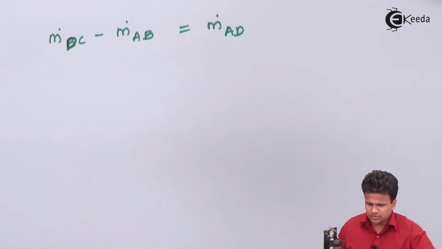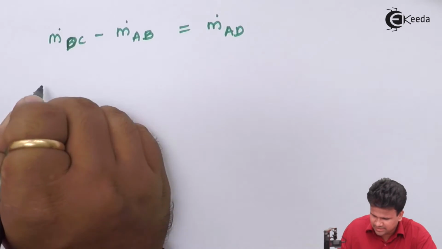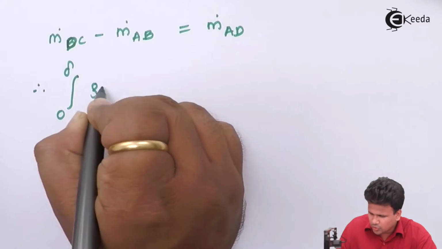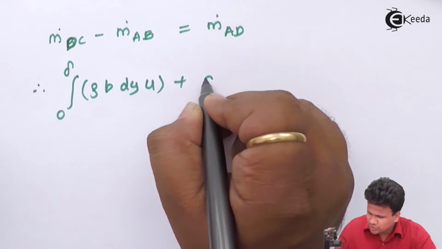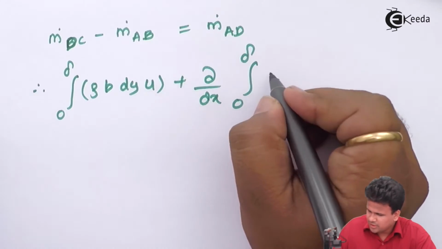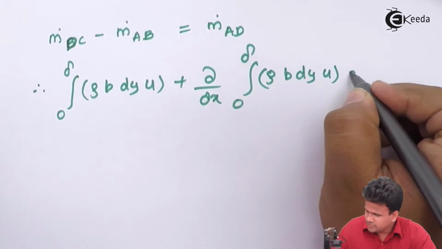So let us substitute those values. M dot out, which we have already seen, is integral 0 to delta rho B dy into U plus ∂/∂x of the integral 0 to delta rho B dy U into dx. This is just the mass flow rate through DC. Now the mass flow rate through AB, which we substitute over here, is integral 0 to delta rho B dy into small u. That is m dot in, and that equals m dot AD. Obviously the first term of this entire part is the same, so these two cancel. So now m dot AD, the mass flow rate through AD, is ∂/∂x of the integral 0 to delta rho B dy U into dx.